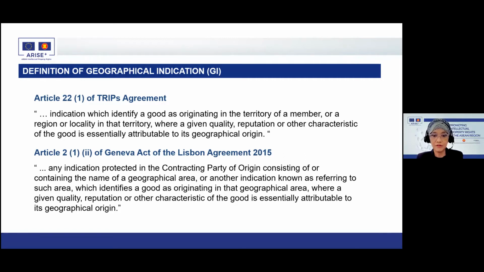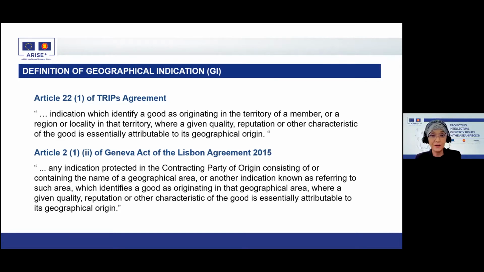The Geneva Act of the Lisbon system of 2015 says in its Article 2.1(ii) that a geographical indication is any indication protected in the contracting party of origin consisting of or containing the name of a geographical area or another indication known as referring to such area, which identifies a good as originating in that geographical area where a given quality, reputation, or other characteristic of the good is essentially attributable to its geographical origin.